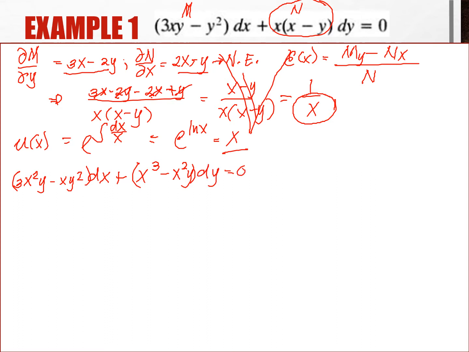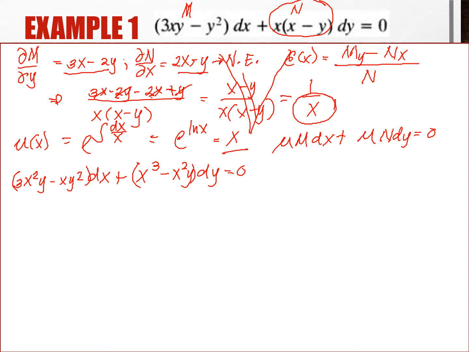We take note that this is in the form of mu M dx plus mu N dy, as we discussed earlier.